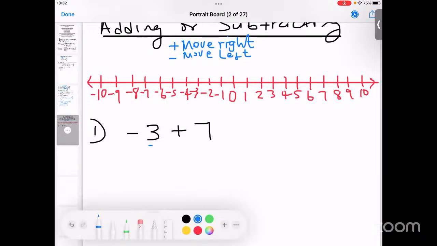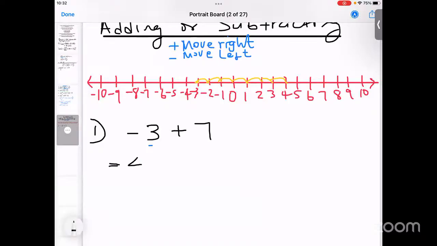So now let's see how we would move. From -3, you move 7 units to the right. And then wherever we end, that should be our answer. So we're going to say 1, 2, 3, 4, 5, 6, 7. We end at 4. So that means the answer for this is equal to 4.